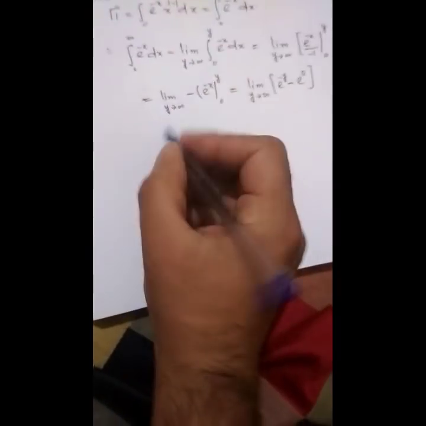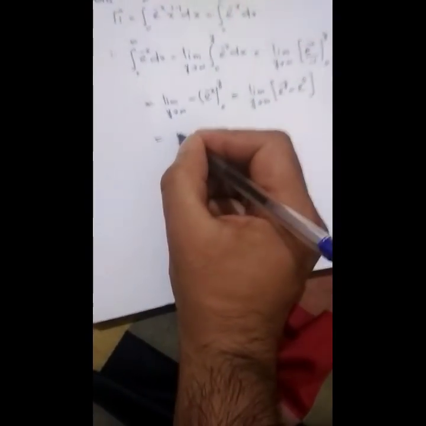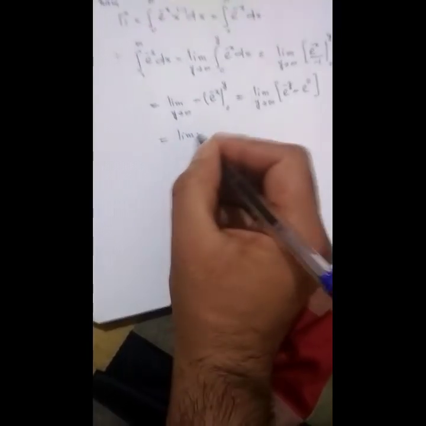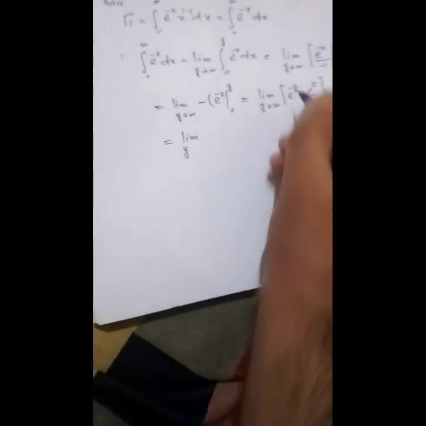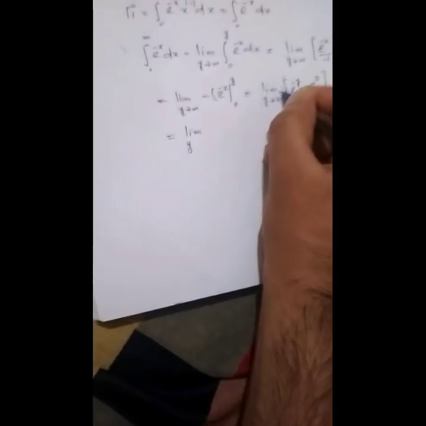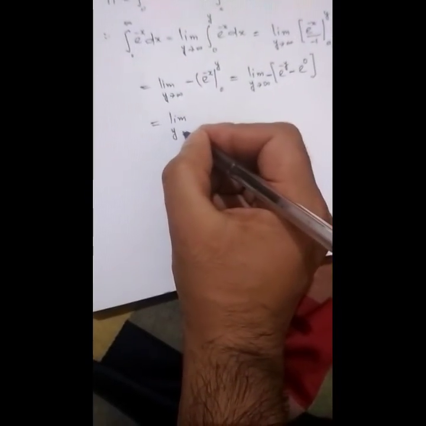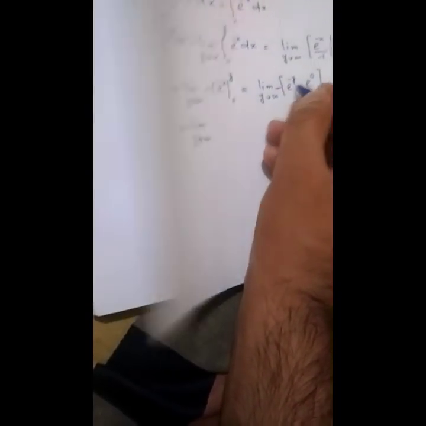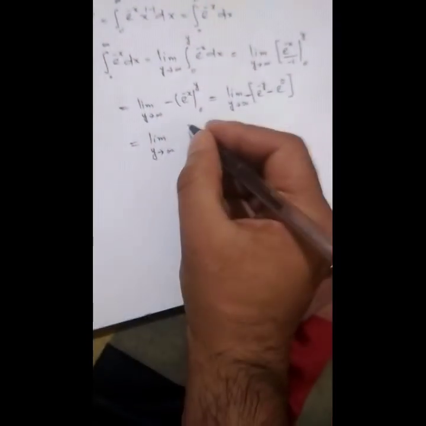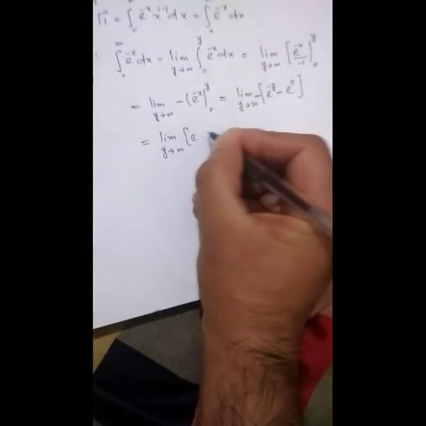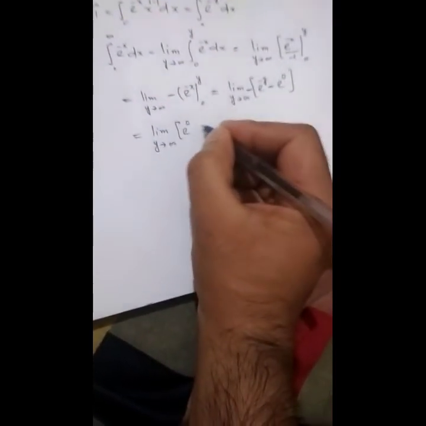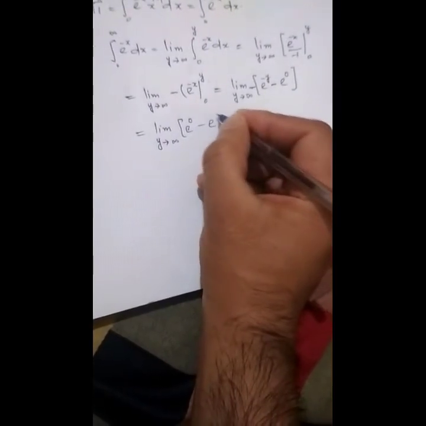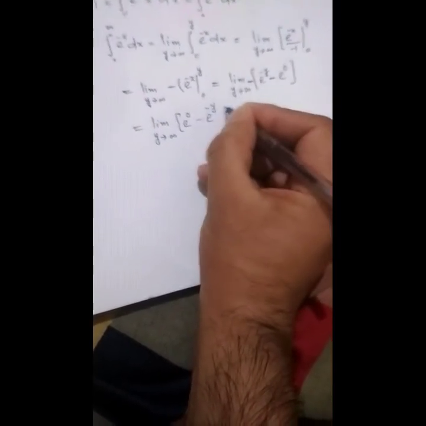Here we have the minus sign outside, so after multiplying this minus 1 throughout this expression, we get the limit y tends to infinity of e raised to power 0 minus e raised to power minus y.